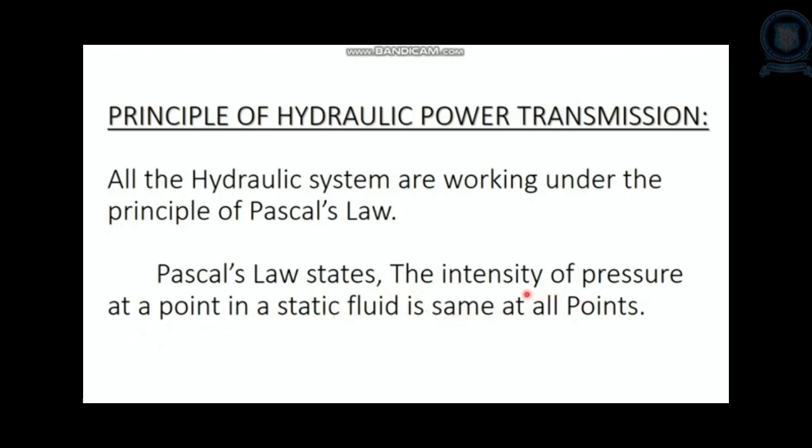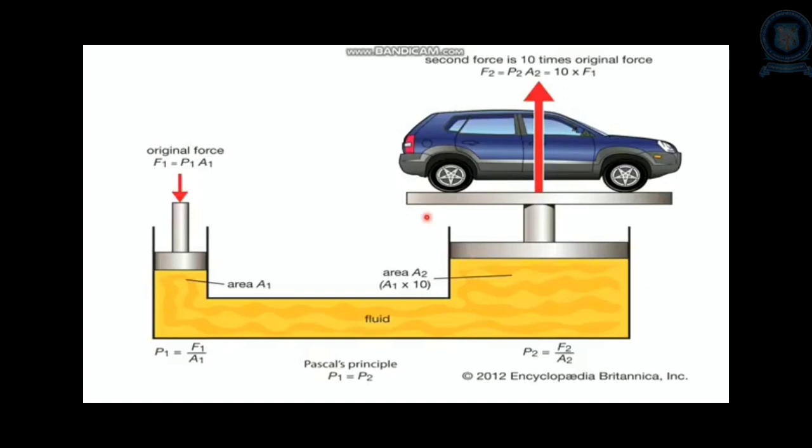This can be explained by an experiment. By means of this experiment we can explain Pascal's law. For this experiment we need two cylinders, one a small cylinder and another a large cylinder. These two cylinders are connected by means of a tube and filled with a liquid.